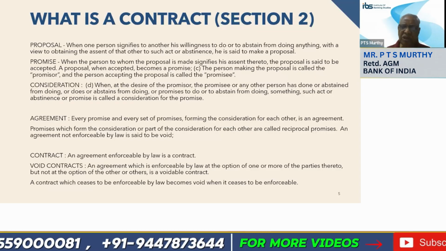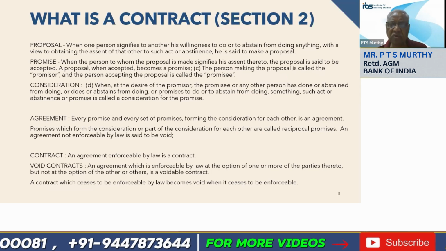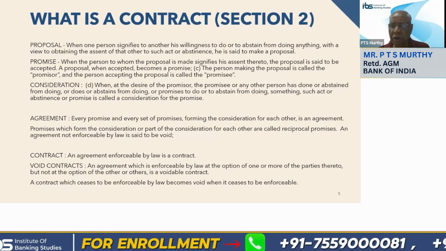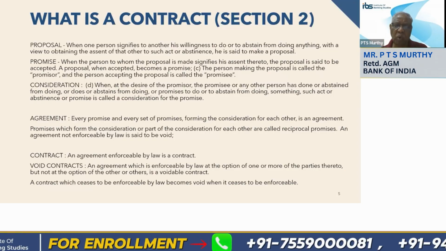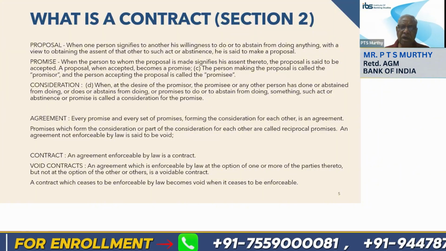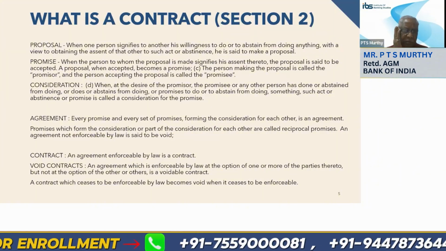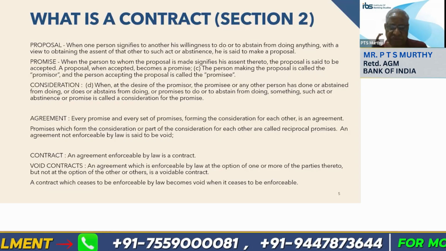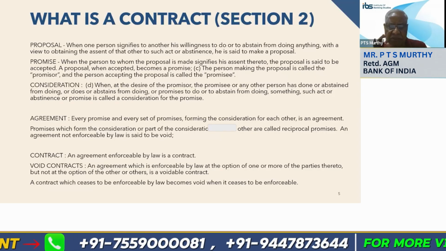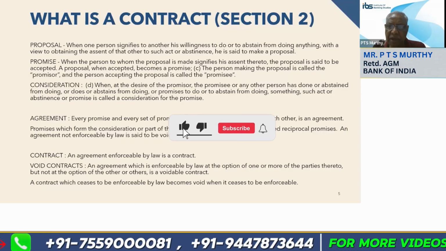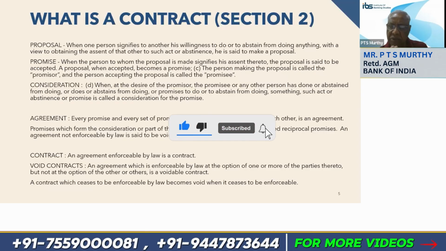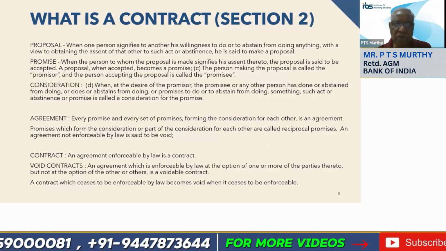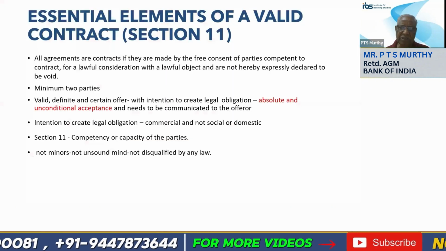There are certain contracts which are not enforceable by law; some of these we will see in the subsequent slides, which are void contracts. Now here we can give one corollary: all contracts are agreements, but all agreements do not become a contract. So then, what are the things in a contract?